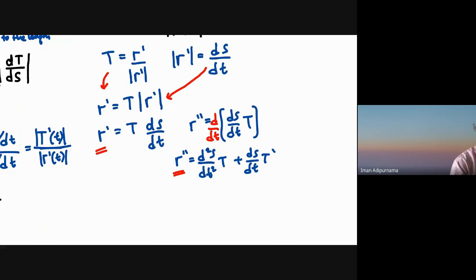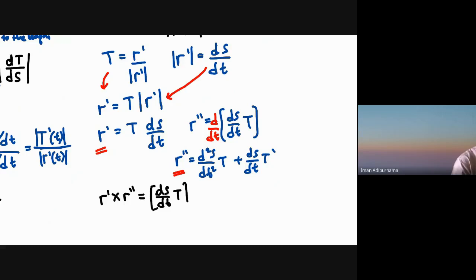Okay. The next step is let's try to cross the r prime cross the r double prime. What we are going to do, let's write the r prime, let's write just the ds dt first.